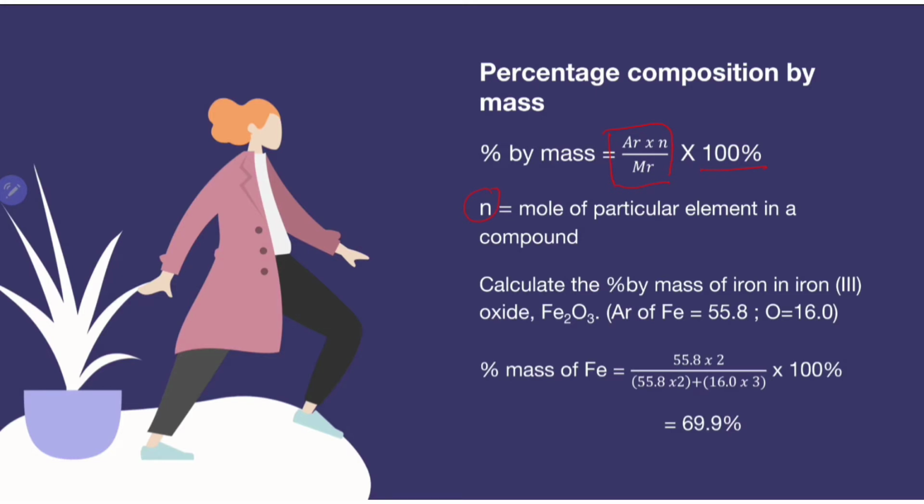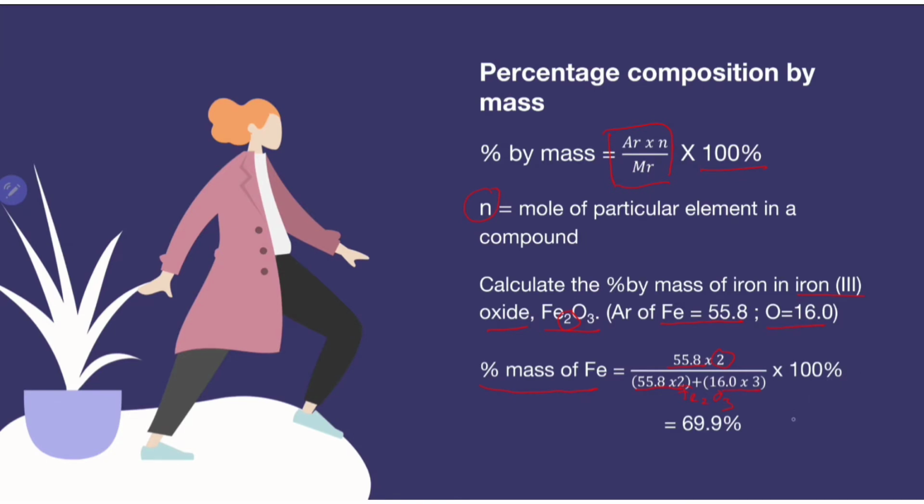For example, when we have the substance iron(III) oxide, the molecular formula is Fe2O3, then the percentage by mass of Fe is 2 times the AR of Fe over the MR of Fe2O3. So the MR is 2 times AR of Fe and 3 times AR of O.